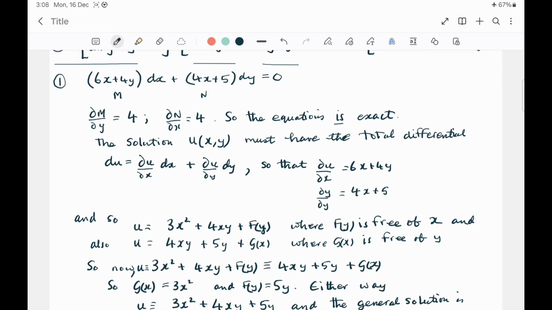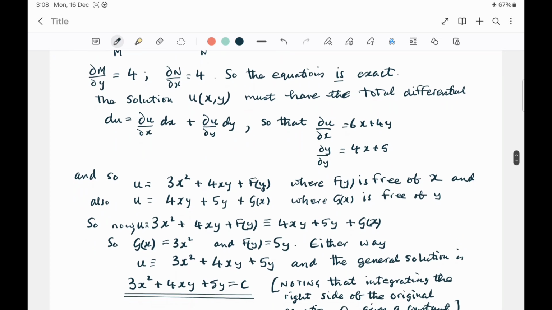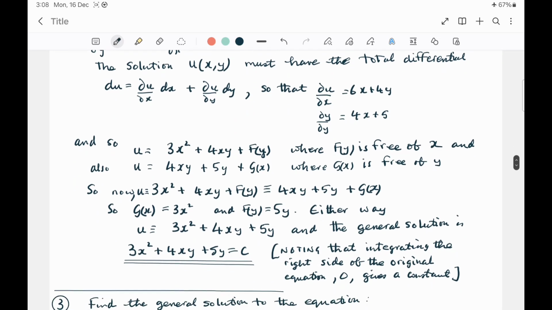And likewise, for the second part, integrating with respect to y, u equals 4xy plus 5y plus g of x, where this time g of x is completely free of y. So now we've got two expressions for u, and of course common sense says they must be identical.